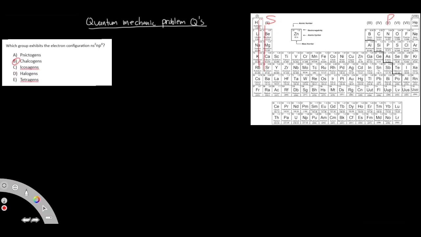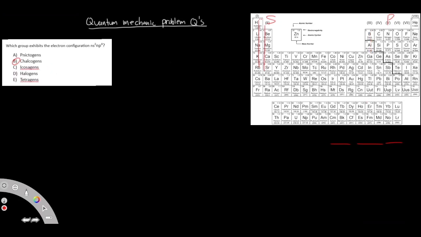But because it's in the P block as well, over here, the icosagens, if there was just one over here, then this would just be the boron family. So this could not be correct.